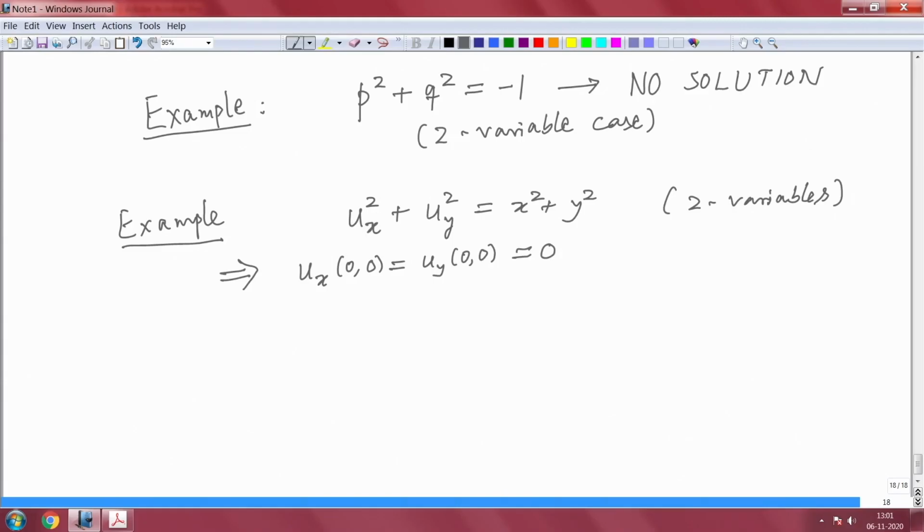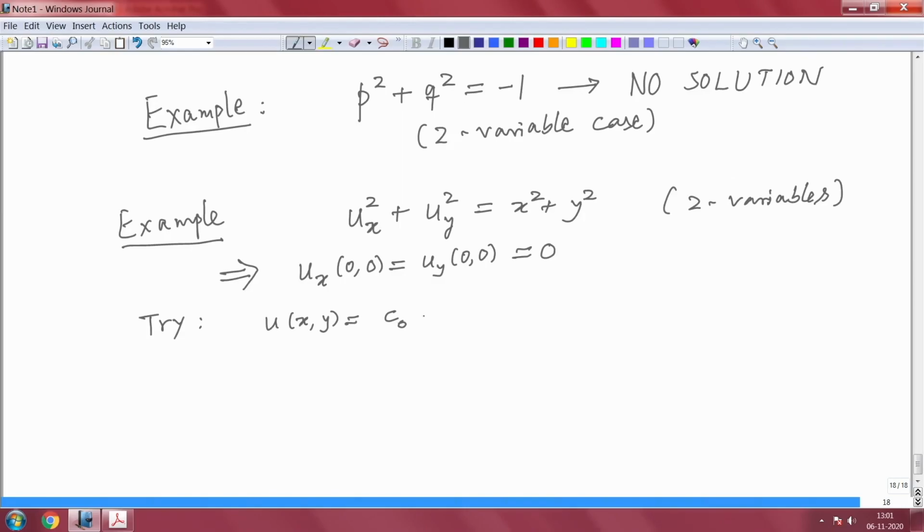Okay. So, we can try a function of the form whose first derivative at the origin vanishes. So, this is some quadratic. So, we can try that. A constant I can add, that will not affect the equation at all.